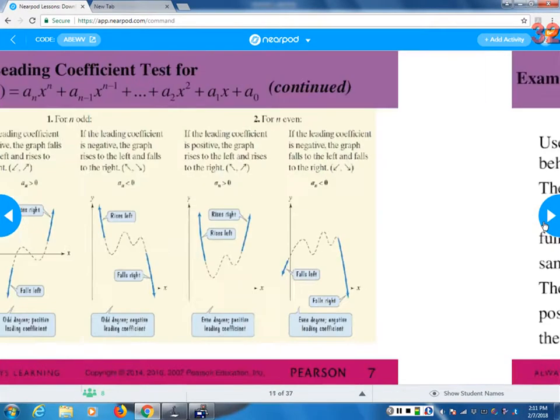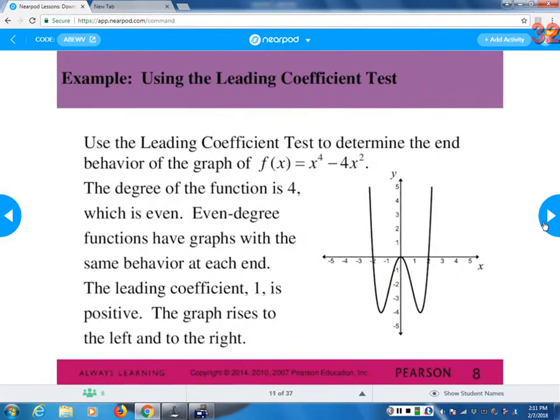Got those pictures, we talked about those, the leading coefficient example. So here, this is nice. They have a picture of the function. So now we can see it visually. Some of you guys said you were visual learners. That's the function. There's arrows when it stops at the end of the graph.